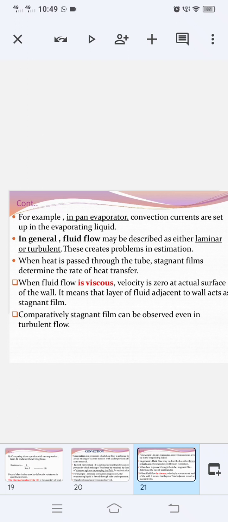In fluid flow, as you have studied in the earlier parts of pharmaceutical engineering, fluids flow either in a laminar way or in a turbulent way. It depends on the nature of the fluid. When the fluid is viscous, the velocity is 0 at the actual surface of the wall, because the fluid is viscous and cannot be free flowing.